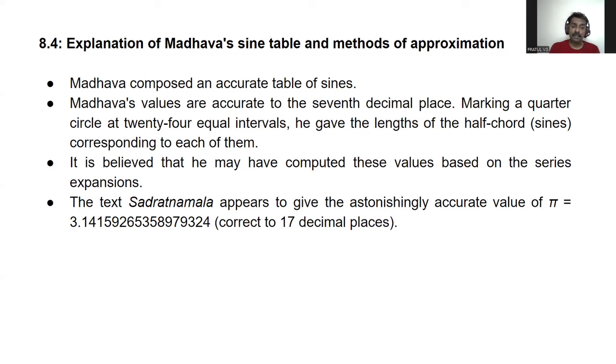It is believed that he may have computed these values based on the series expansions. The text Sadratnamala appears to give the astonishingly accurate value of pi, 3.1415 and so on, up to 17 correct decimal places.